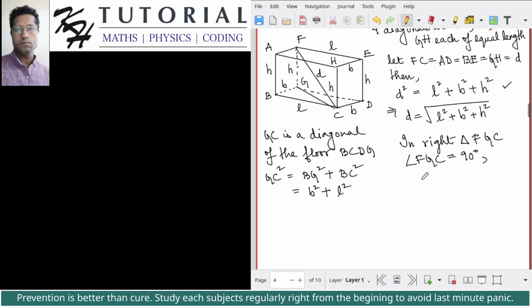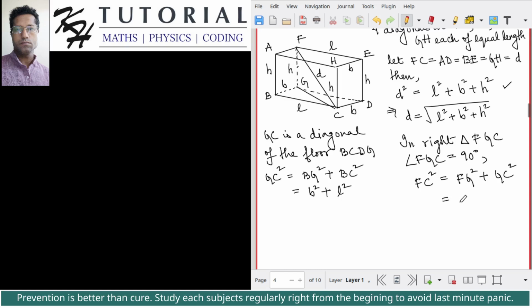So in this right angle triangle FGC, using Pythagoras theorem, the hypotenuse square, which is FC square, will be equal to the sum of the squares of the legs or arms of the triangle, which are FG square plus GC square. In the right angle triangle FGC, the legs are FG and GC.